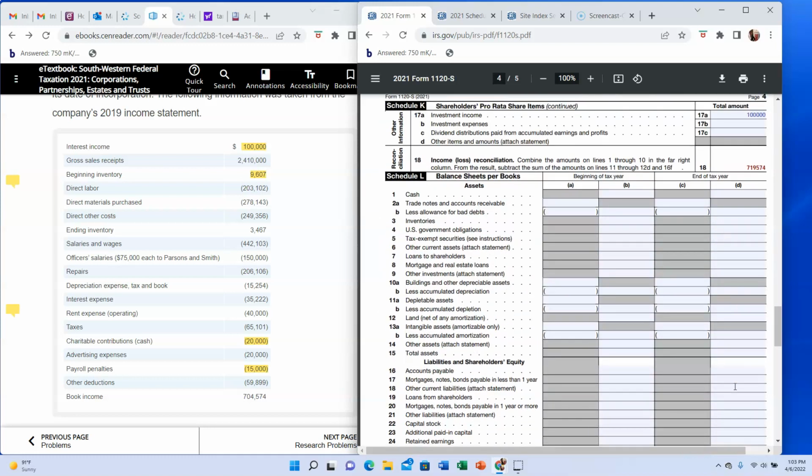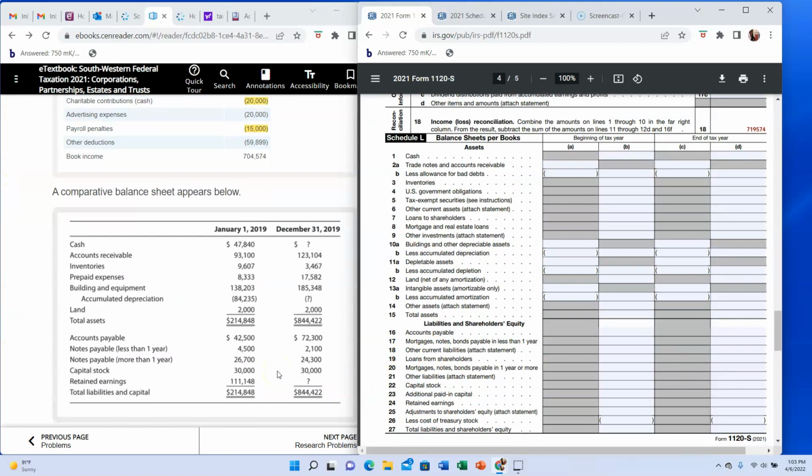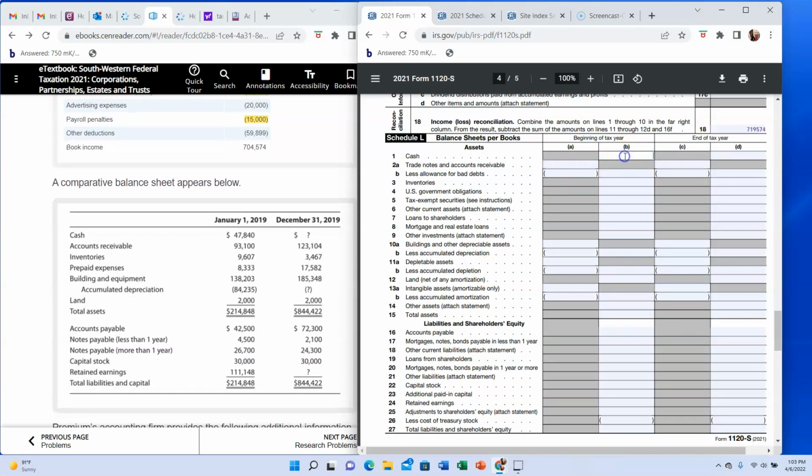All right, next section is the balance sheet. So they gave you the beginning of the year, so you just need to copy those numbers in. Say prepaid expenses are other current assets. Buildings are 138,203, accumulated depreciation 84,235.